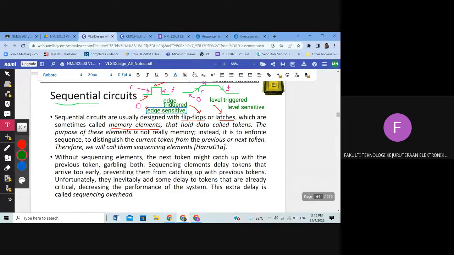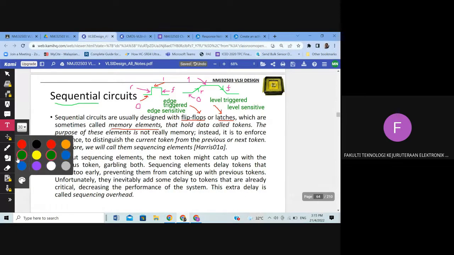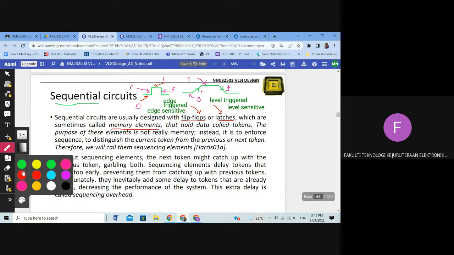Sometimes we call these two memory elements. Why do we call it memory? Because it has the ability to temporarily hold data, hold information. It can temporarily hold data, which sometimes we call a token.